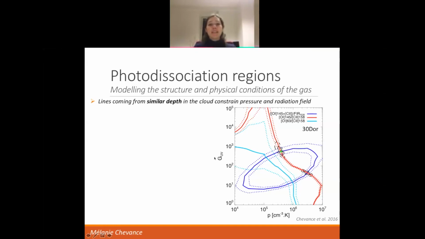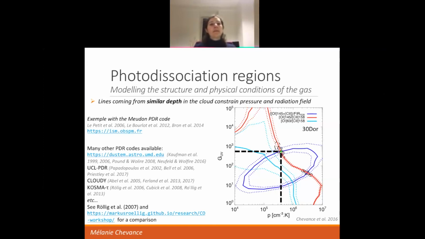So if you know how many UV photons are emitted by the stars, if you know the type of these stars, then you can also determine which of these two solutions is the most likely one. In the case of Sertit Radius, the high GUV and low pressure solution was the most physically plausible solution.